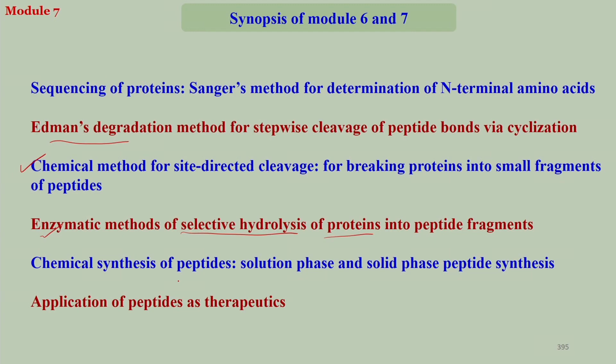And then we have seen the chemical synthesis of peptides, both solution phase and solid phase peptide synthesis. And finally, we have given a little bit of idea of the application part, how the peptides can be used as therapeutics.